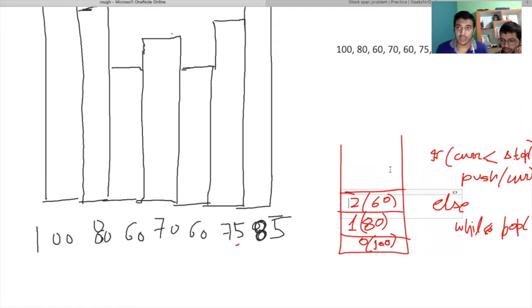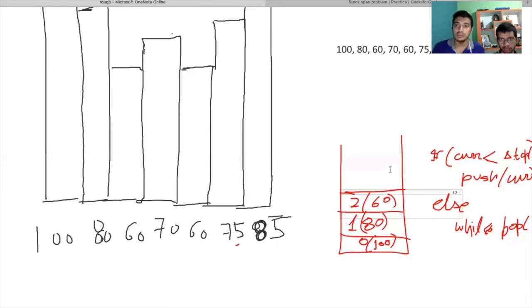So we start to pop elements out of the stack. And why we are doing this, I think you are starting to get a little bit of an idea: now we see 70, and all the earlier elements are available in the stack, and we start to pop elements out of the stack while they are less than the current element.